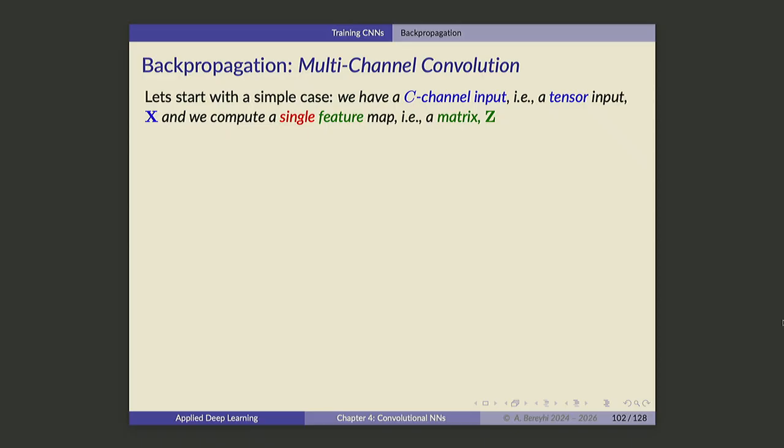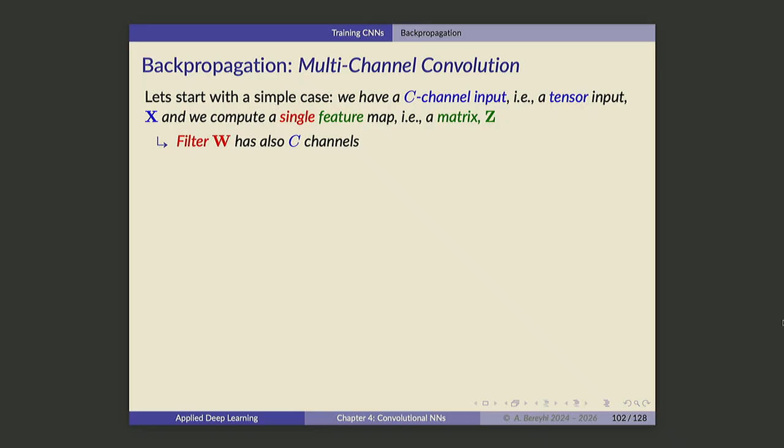Okay, now, for now, let's think about the case that I have X, which has C channels, and then I do convolution with one single filter. This is why I have just one single output feature, right? Once you understand that, the next one, the multi-channel to multi-channel, is not a complicated thing. So I have one filter.